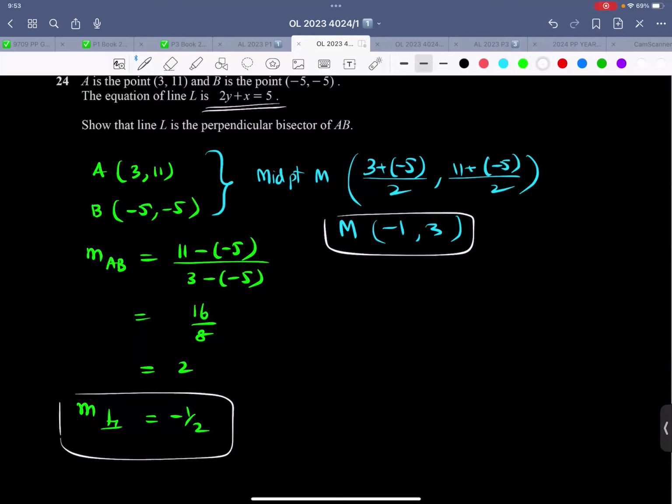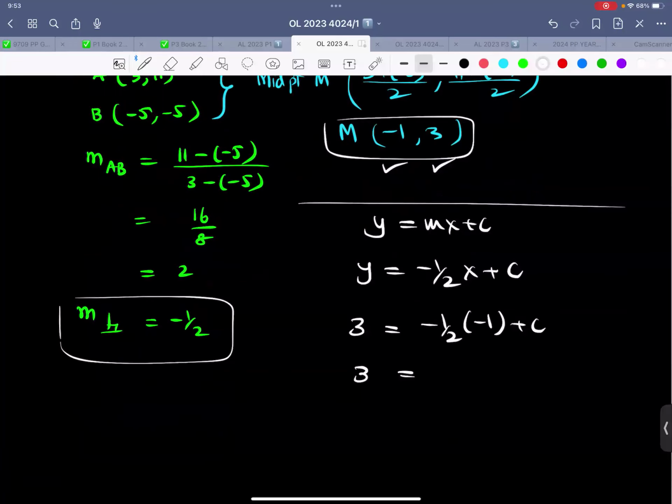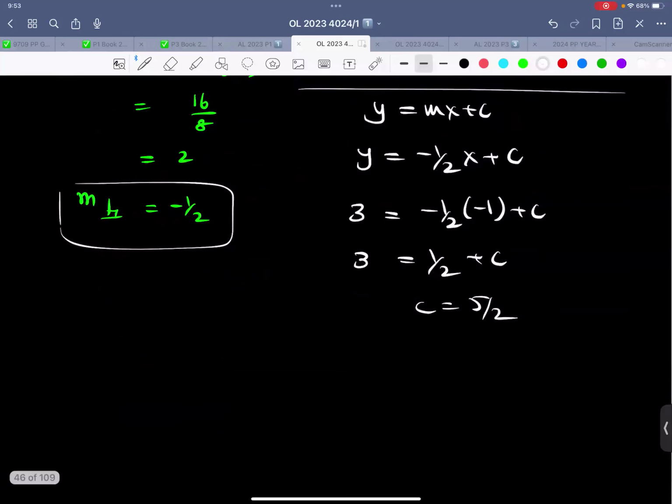So y equals mx plus c. y equals negative half x plus c. Now plug in the midpoint. 3 is y, and x is negative 1, plus c. So 3 equals half plus c. Therefore, c comes out to be 5 over 2.